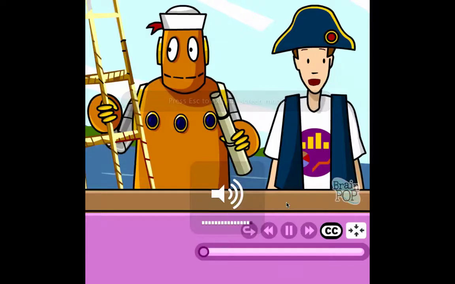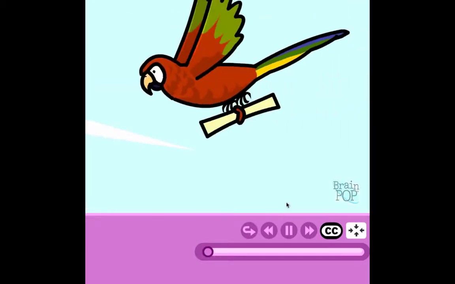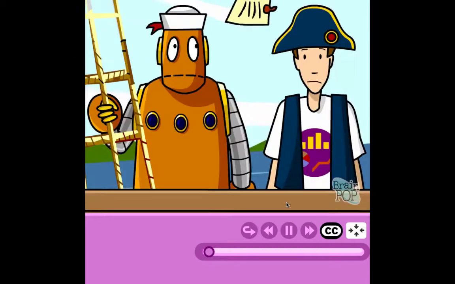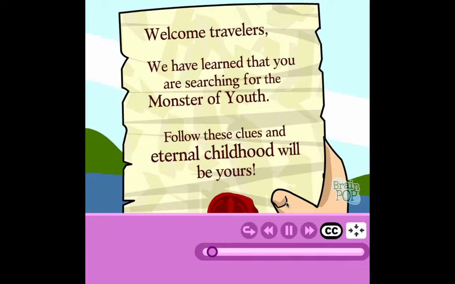Cruising around the Caribbean in search of adventure. This sure is the life, isn't it, Moby? Whoa, what's this? Welcome, travelers. We have learned that you are searching for the monster of youth. Follow these clues and eternal childhood will be yours.